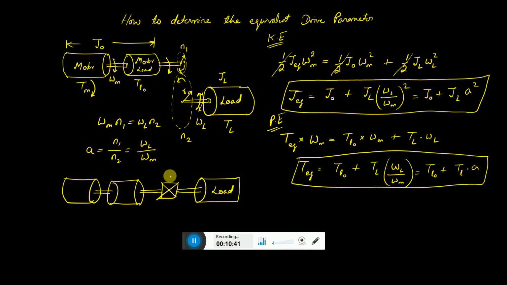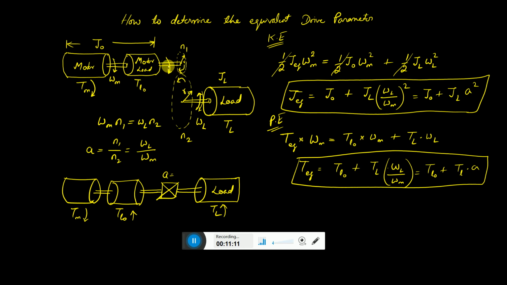The gearbox has a turn ratio A, and here you have T_L as load torque, T_L0 as motor load torque, and T_m as the electromagnetic torque. Right, so these are different ways of picturizing this schematic diagram for the question.